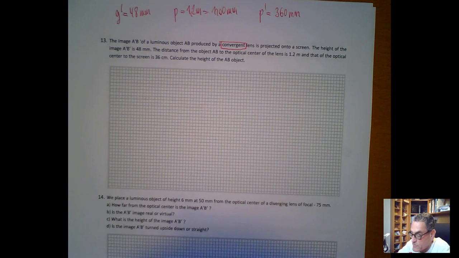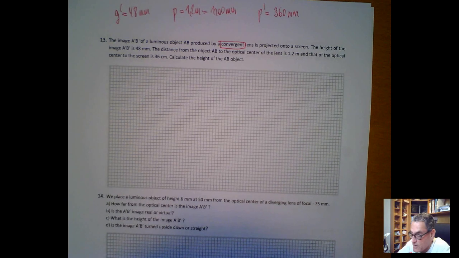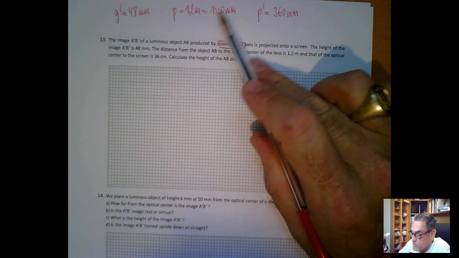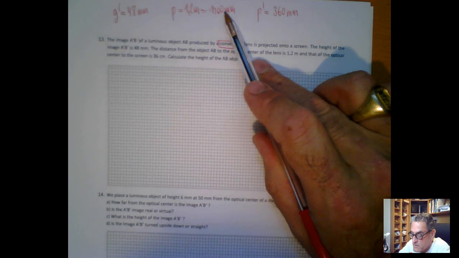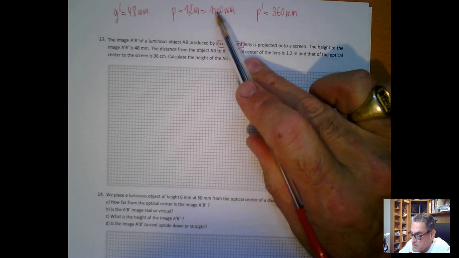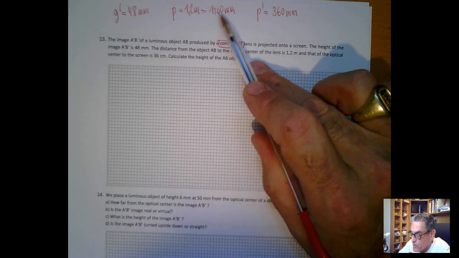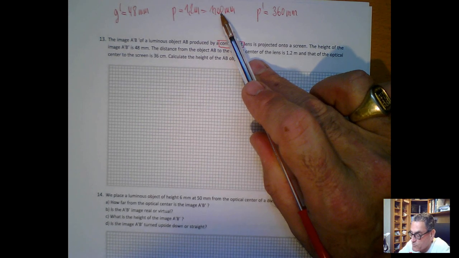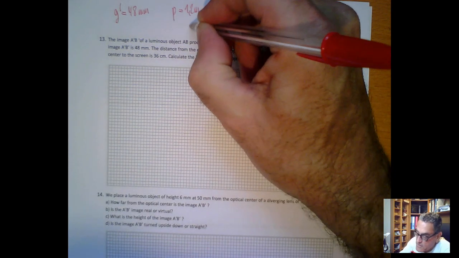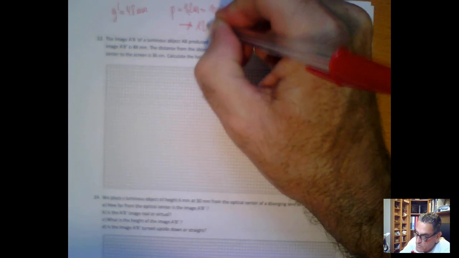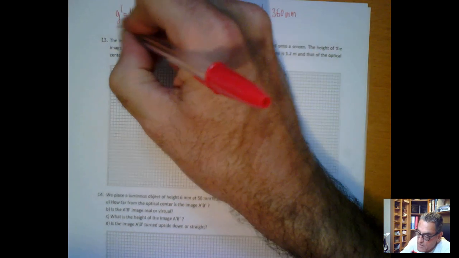Good. Now we have to decide about a scale. So here we could do 1/10. If I do 1/10, this will be 120 millimeters or 12 centimeters.